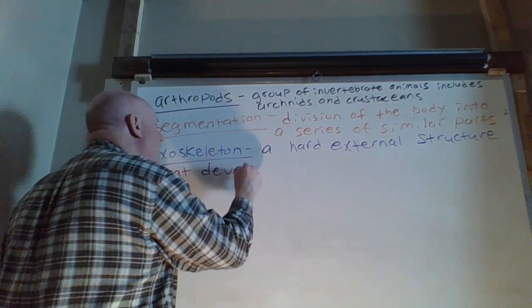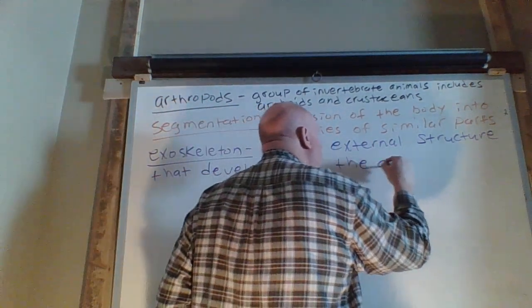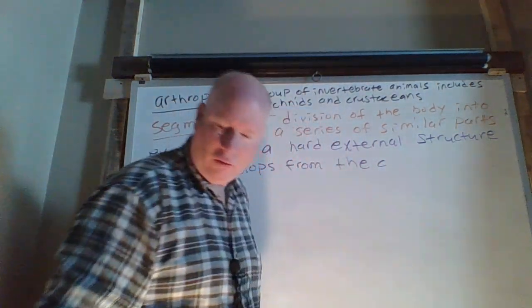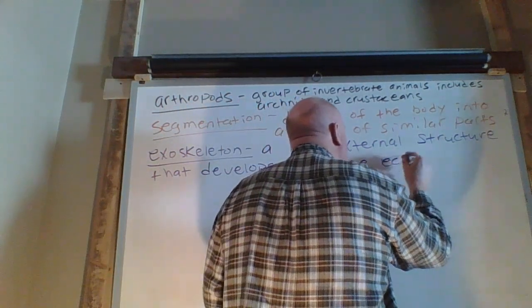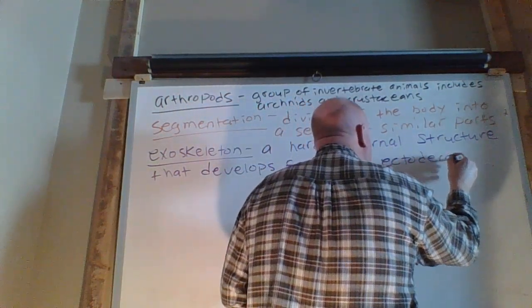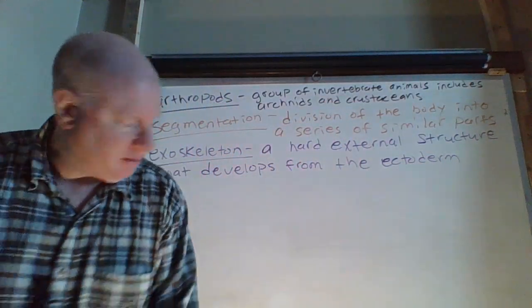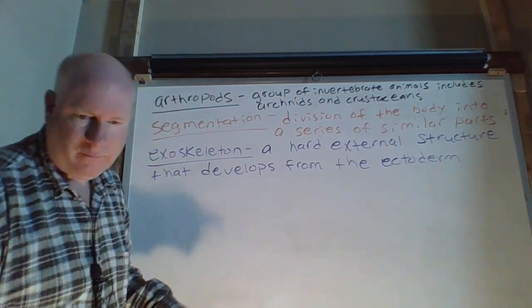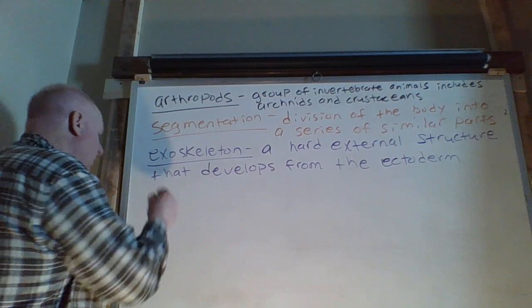That develops from the ectoderm, I think is what the author says. Okay, and we'll just repeat this in these colors. So next we've got chitin.